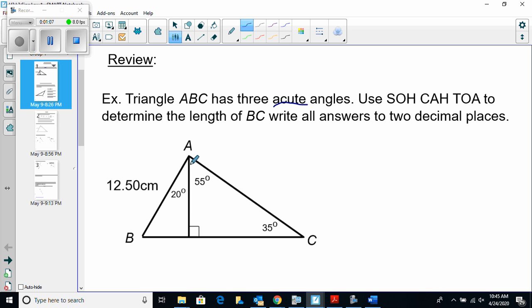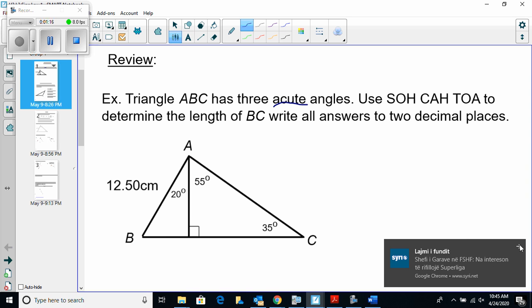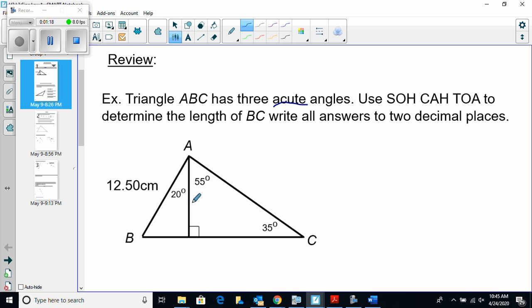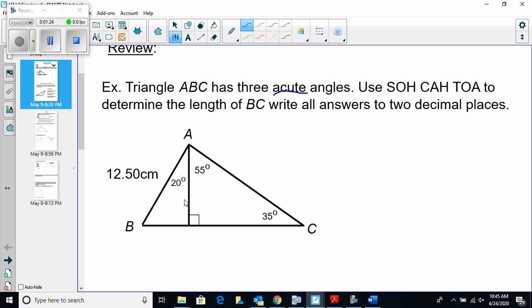Now, as you see, from the vertex of angle A, when we draw the perpendicular to BC, this will divide angle A into two angles, one of them being 20 and the other one being 55 degrees.